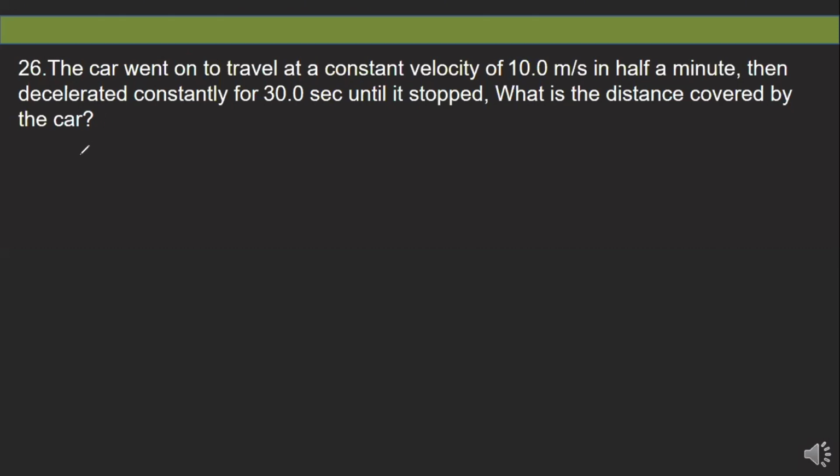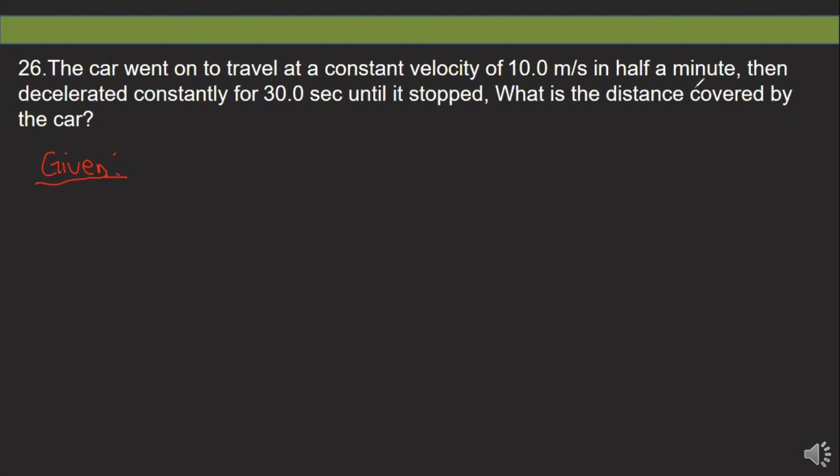First, we have here the given. The car went to travel at constant velocity in half a minute. So let's compute for the distance traveled by the car over half a minute.